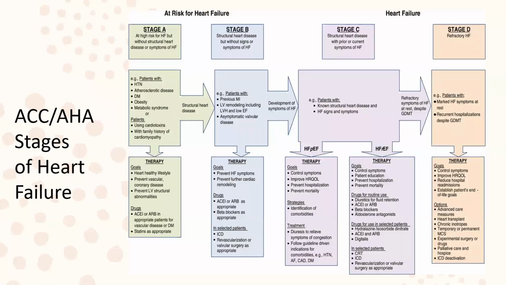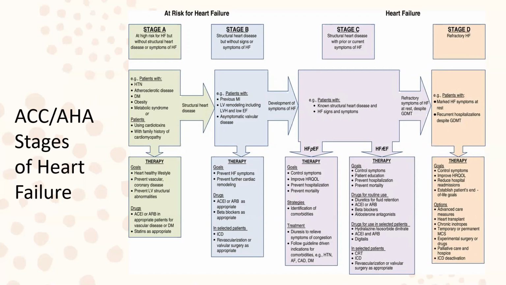This is the heavy hitter. So we have the ACC and the AHA. As a practitioner, you would get to choose which one you wanted to follow, but obviously you would stick with one. You don't want to float between the two, but it has a really great way of looking at it and telling you how to handle it. Really what I want you to know is that there are 4 stages, just as in the New York Heart Association classifications.